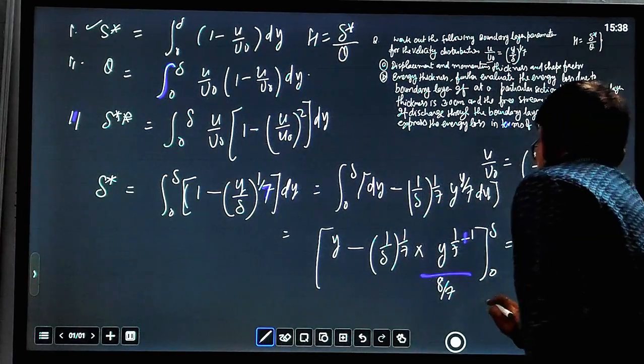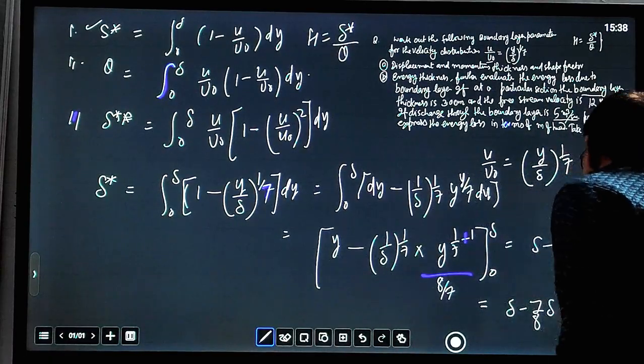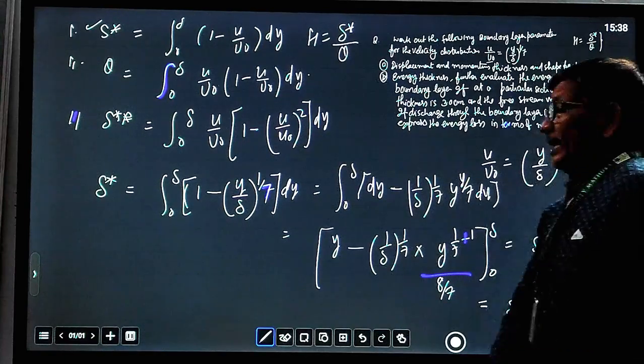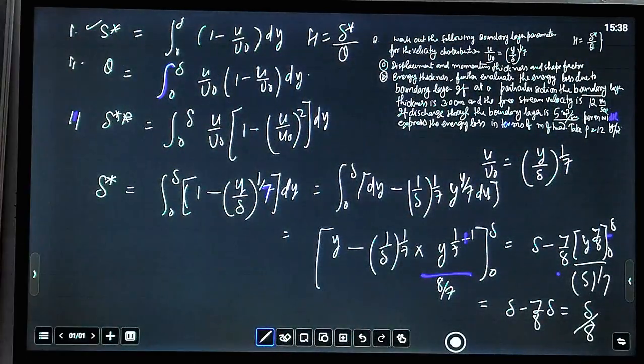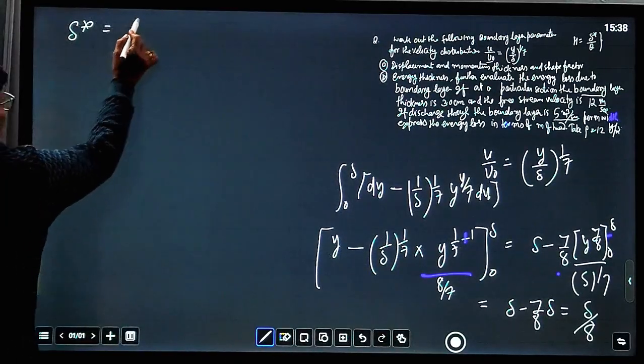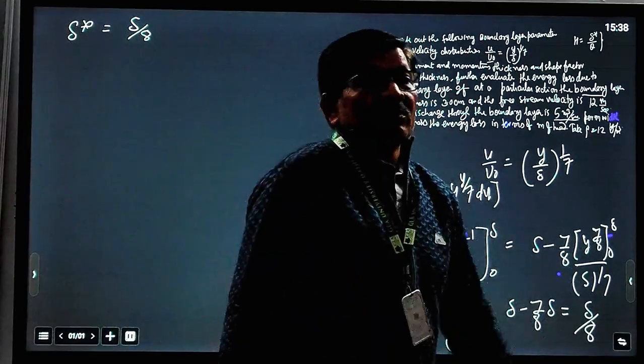So we get this value, del minus 7 by 8 del. That is equal to del by 8. So the answer is del by 8. So the first one is del by 8. So del star equals del by 8. This is the first parameter.